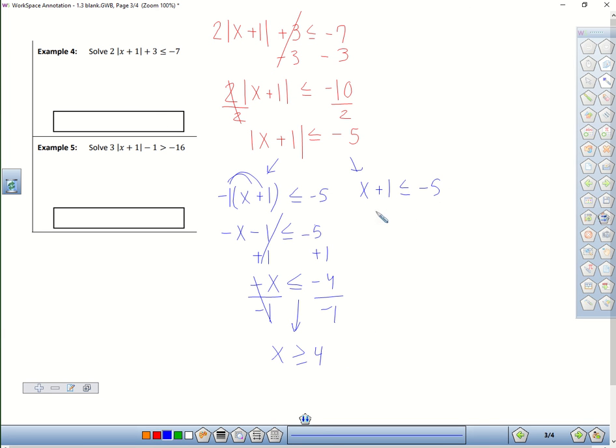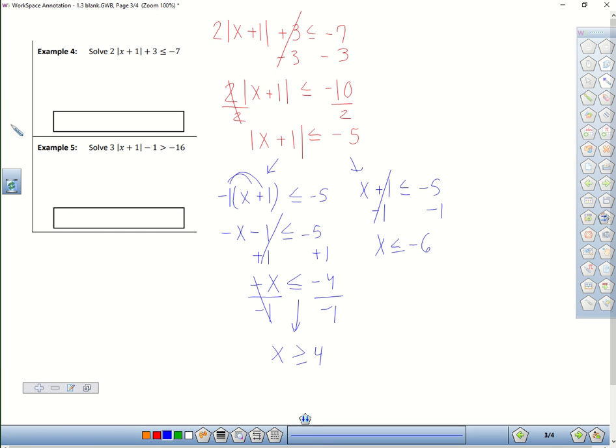And then over here, I subtract 1 on both sides, and I get x is less than or equal to negative 6. So x is less than or equal to negative 6, or x is greater than or equal to 4.